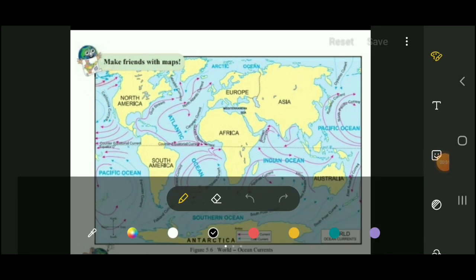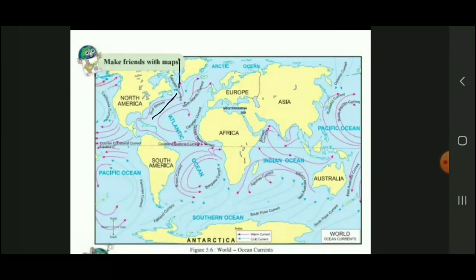After having understood how the warm and the cold currents influence the temperature in the areas where they move, we will understand what happens at the place where the warm and cold currents meet. Let us see in the map. Can you see? Hot current is moving here and cold current is moving here.